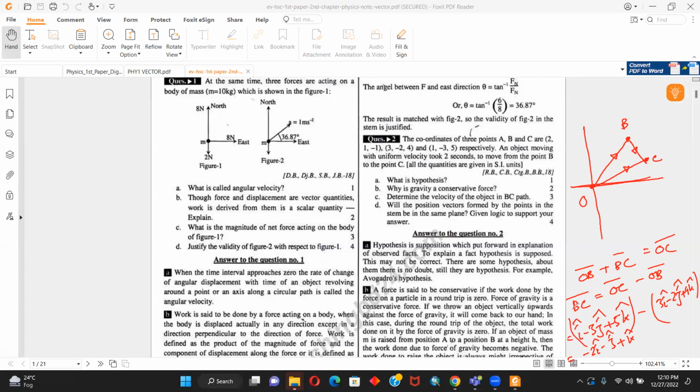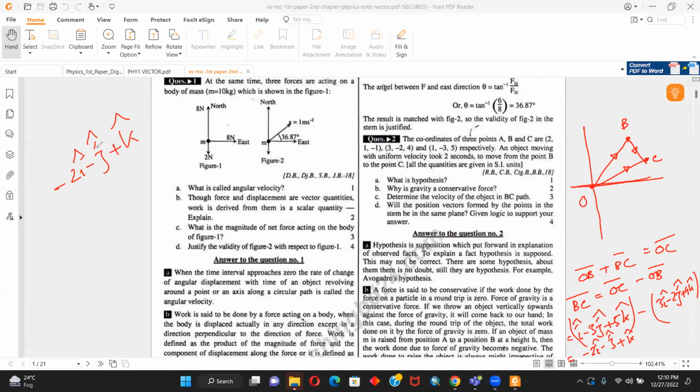We have got the displacement vector for BC, or displacement from B to C can be represented by this vector, which is minus 2i minus j plus k. Did you get up till this point? Is it clear? Okay.